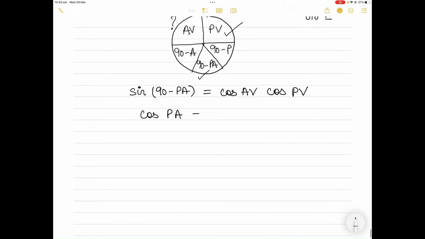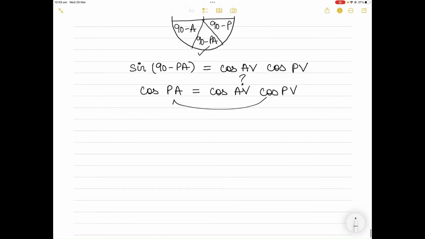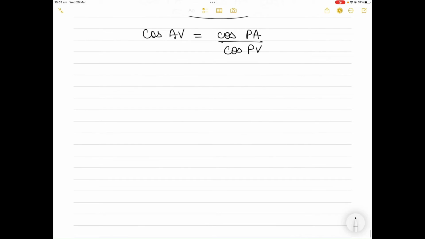So this becomes sine of the mid part, sine of 90 minus PA, equals cos AV and cos PV. Sine of 90 minus PA is also equal to cos PA, in case you didn't know that. Cos AV is what I don't know, so I will keep it on one side and take this to the other. So cos of AV equals cos of PA divided by cos of PV.